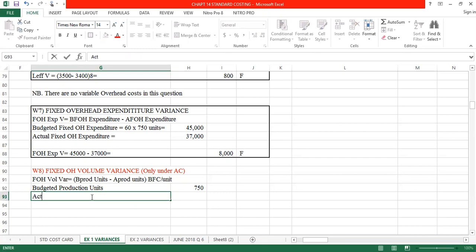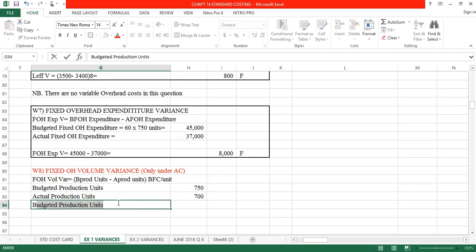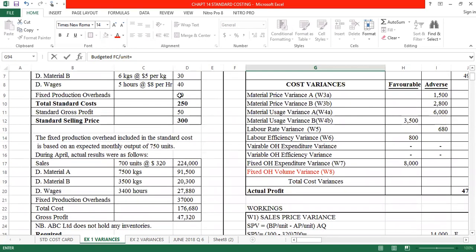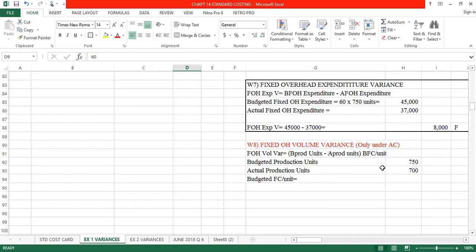Next, actual production units. Remember, we have been using it all along, 700. Next, budgeted fixed cost per unit. Let me confirm, was it 60? Yes, 60 per unit.